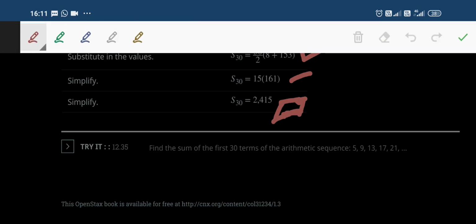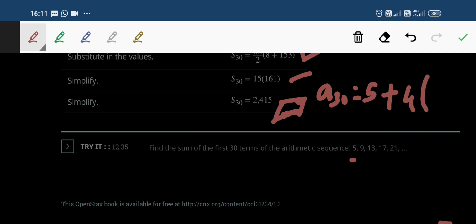So first we have to find the last term. So a30 equals, what is the first term? 5 plus the common difference, 9 minus 5 is 4, and n minus 1 is 29.